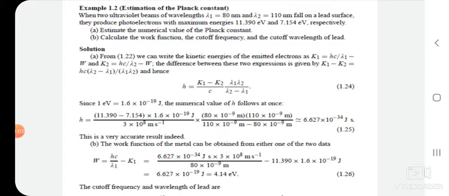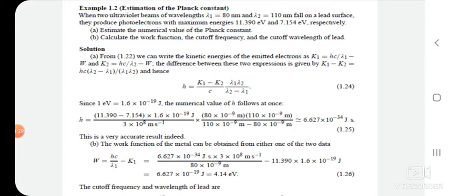They produce photoelectrons with maximum energy 11.390 electron volt and 7.154 electron volt respectively. Then first estimate the numerical value of Planck's constant. Next, calculate the work function, the cutoff frequency and the cutoff wavelength of lead.